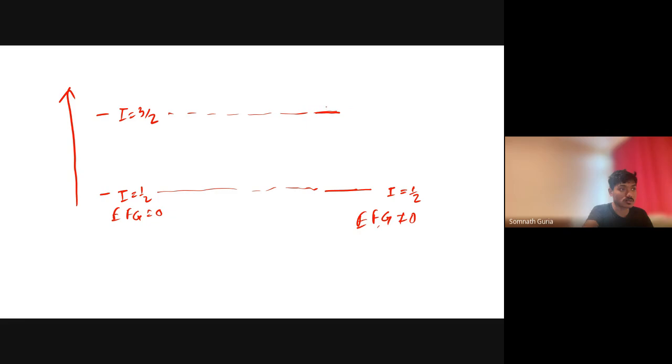Right over here, 3 by 2 splits into two parts, plus minus 3 by 2 and plus minus half. So here it generates two different states. One is I equals plus minus 3 by 2, and here also another distribution.